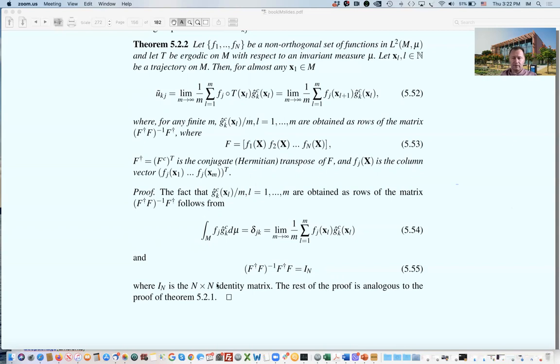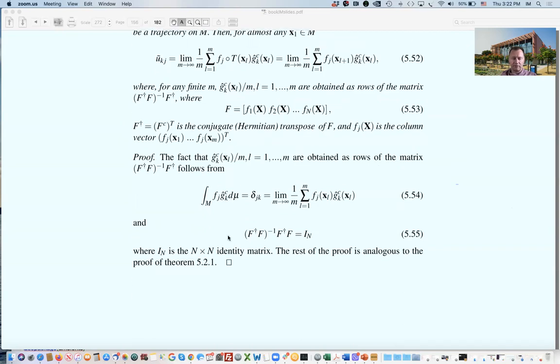All right. So the rest of the proof, of course, how do you get this? Well, it's very similar, except that here, instead of fj, we replace it with Ufj, and we are going to get that expression. But we also got to the point where we understand that these dual vectors, divided by m, can be obtained as rows of this matrix over here.